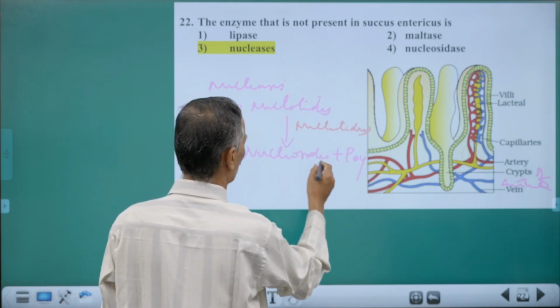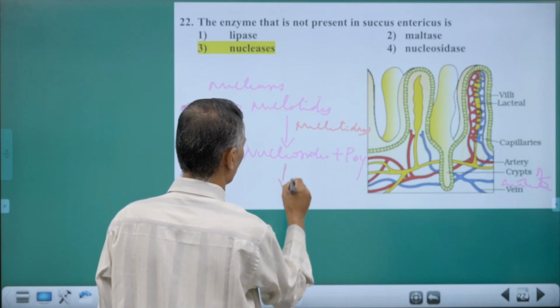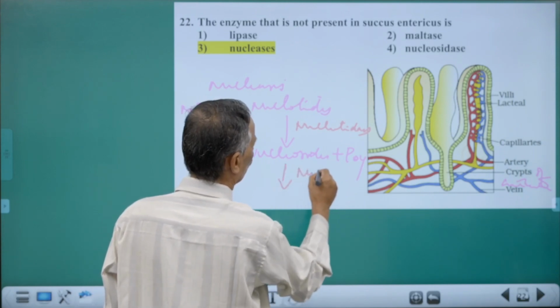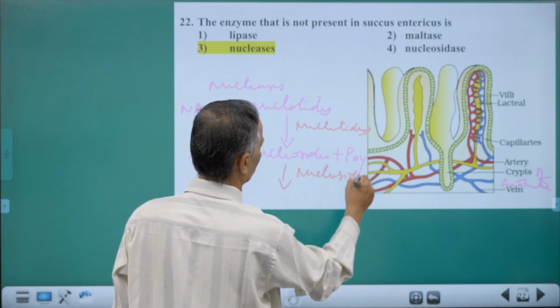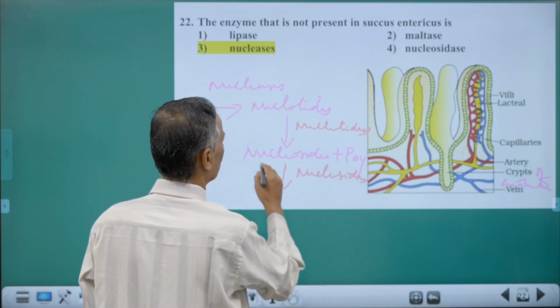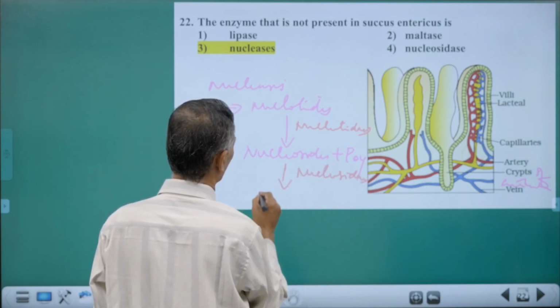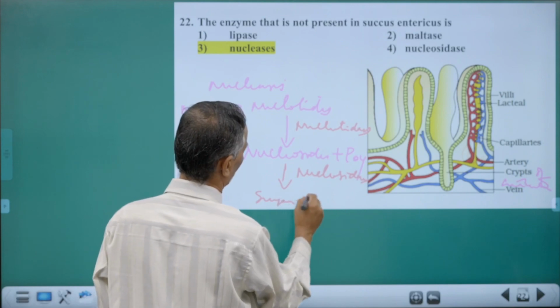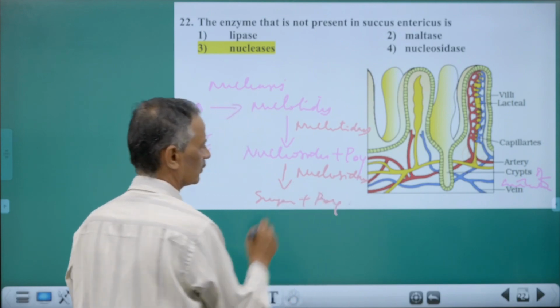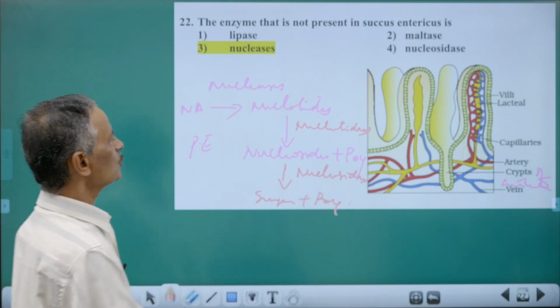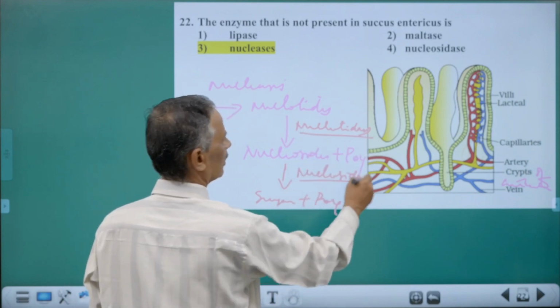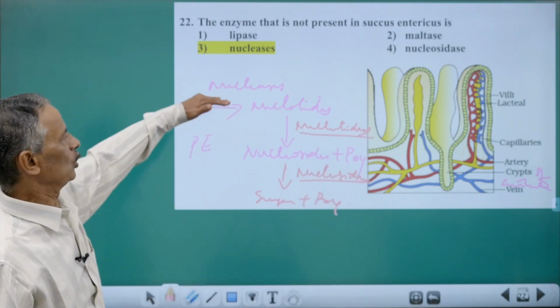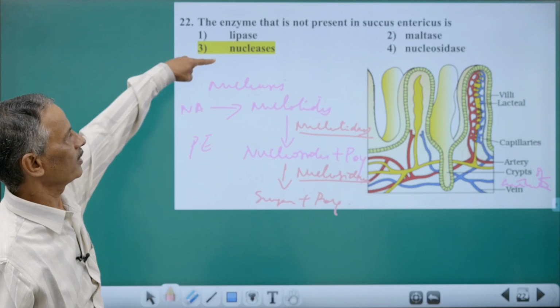Now, the nucleosides are acted upon by nucleosidases, so that nucleosides are converted into sugar and phosphate. These two are all present in Succus entericus. Nucleases is present in pancreas.